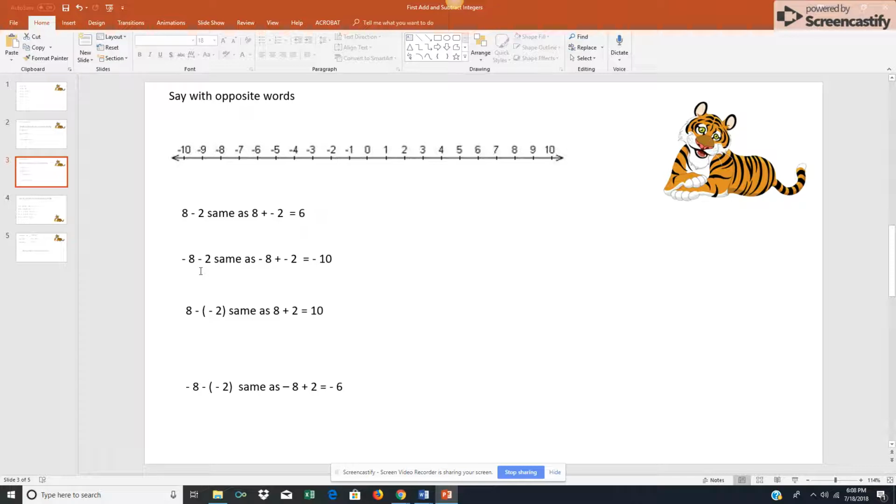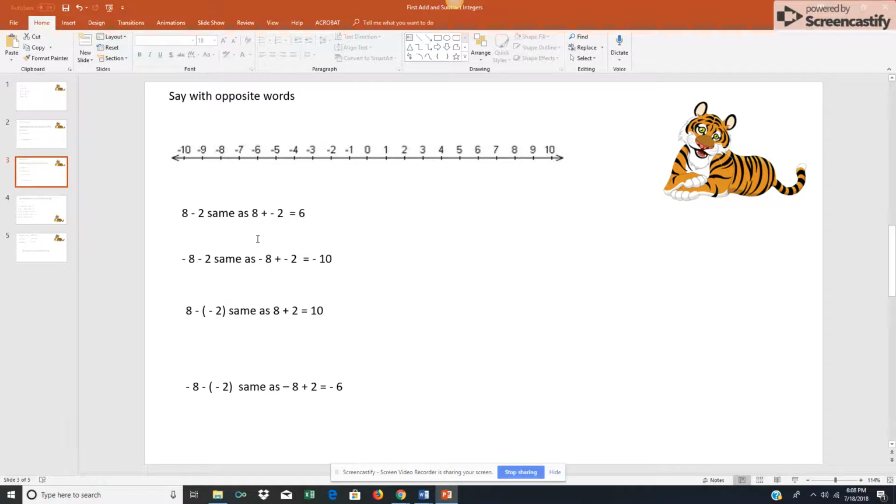Negative 8 take away 2 is the same as the opposite of 8 and the opposite of 2, which gives me a negative 10, the opposite of 10. 8 and the opposite of 2 is the same thing as saying 8 plus 2, which is 10, right? Because remember, the opposite of 2 is negative 2, but the opposite of that is positive 2. The opposite of 8 and the opposite of 2 is the same thing as saying the opposite of 8 and 2, which gives me a negative 6.